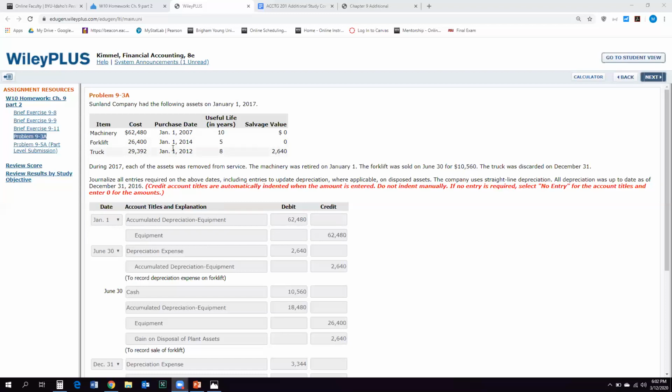So that means we would have already done a depreciation entry on December 31st, 2014, December 31st, 2015, and December 31st, 2016. And now on June 30th, 2017, we've got to record depreciation from January 1st, 2017 up to June 30th, 2017.